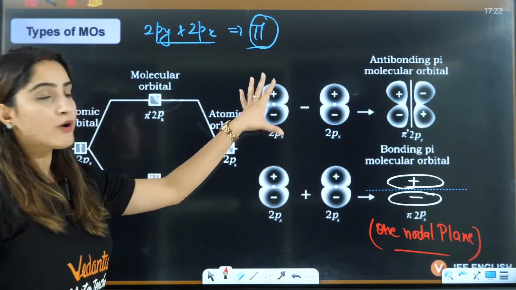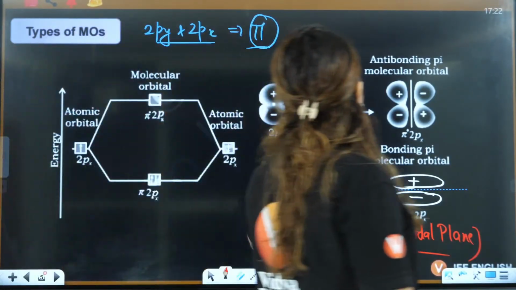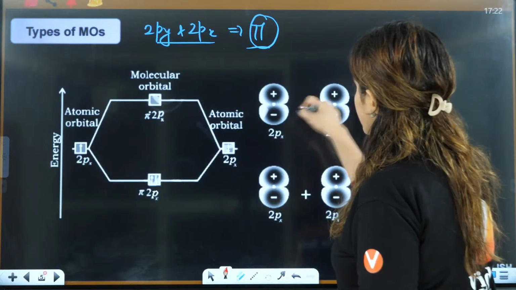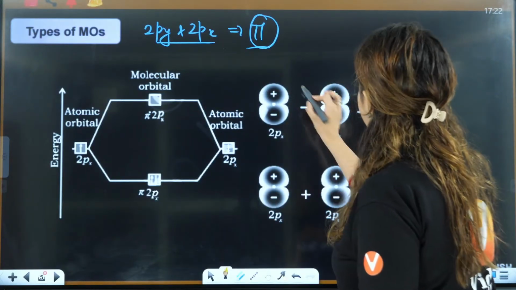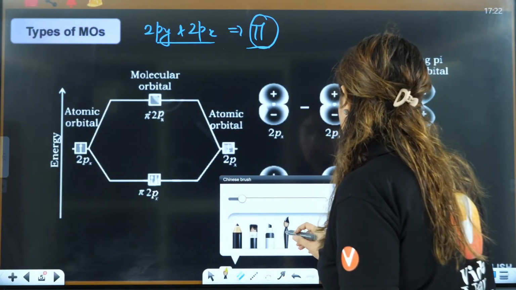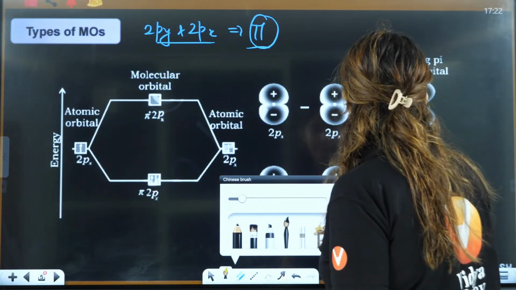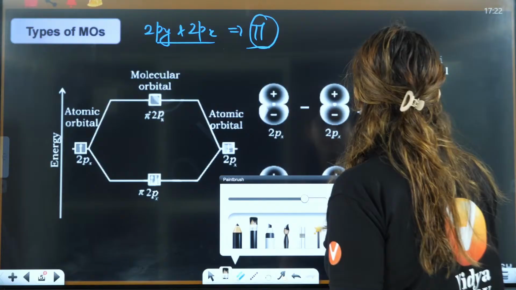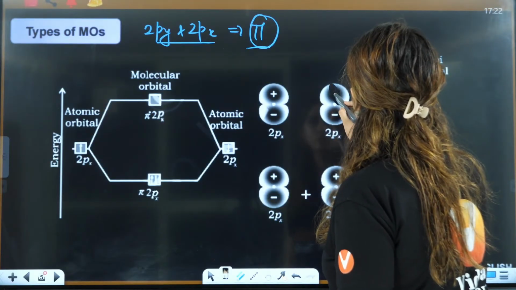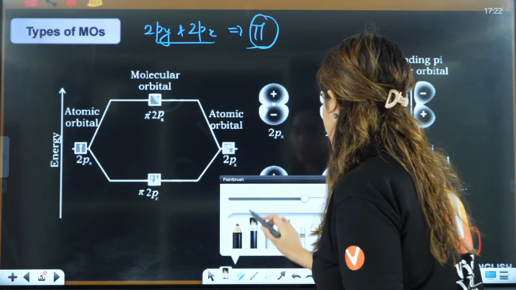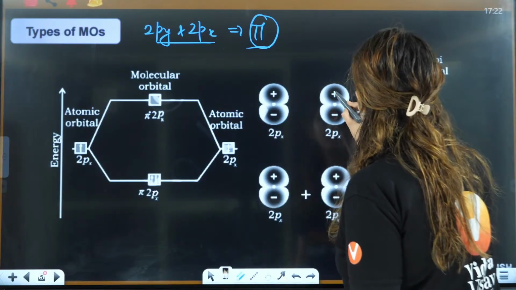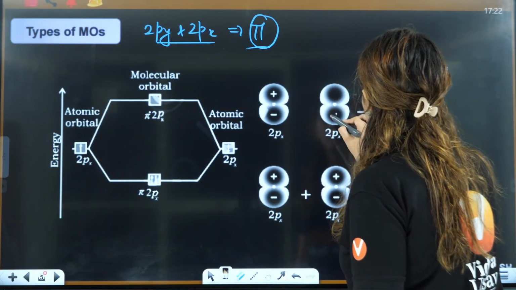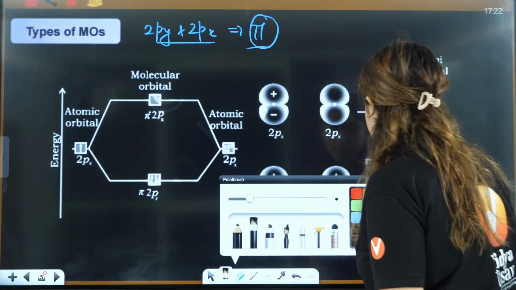Now if you talk about anti-bonding, rather than writing it like this, you can also write it like this, the way I am mentioning here.